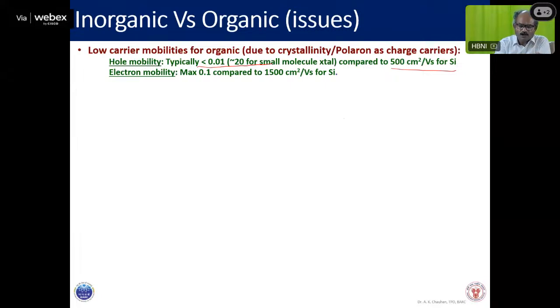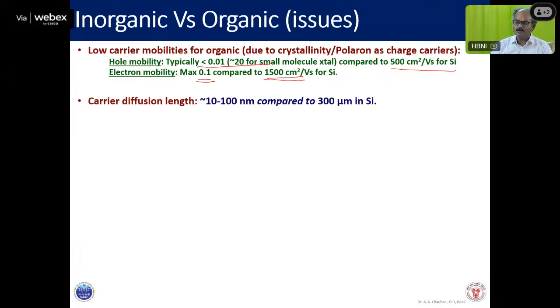Similarly, if you see electron mobility, it is only 0.1 as compared to 1500 centimeter square per volt second for silicon. So you see the mobility has reduced drastically. And the reason for this, like I explained in the previous slide, if you think a little bit and spend some time, you will realize that the mobility is going to be low because the electrons and holes are not moving so freely.